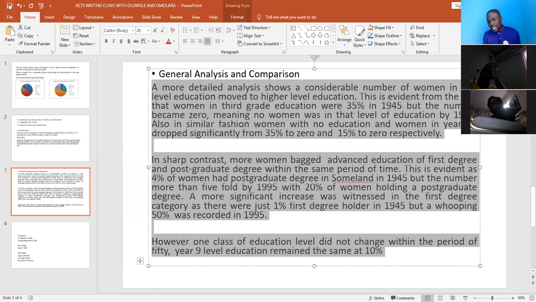Even in that, you will see which progression increased and which progression decreased. It will give you a coordinated discussion instead of discussing everything at the same time.